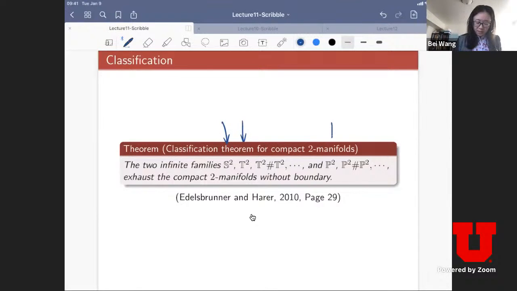The other comes from the projective plane, which is a non-orientable manifold, and sums of them. When we say they exhaust the entire family, that means all two-manifolds can be classified as coming from one of those two families.